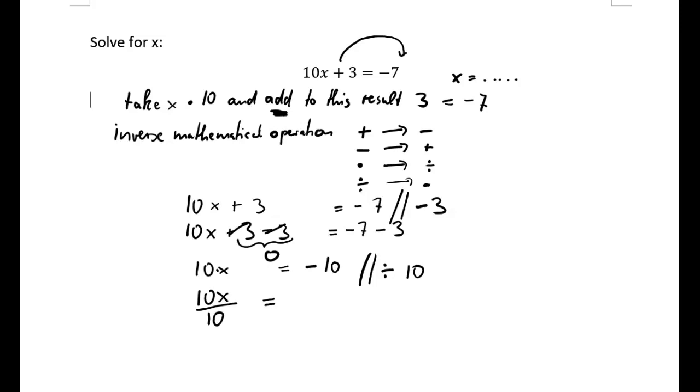And again, we need to do to the right-hand side what we have done to the left-hand side. So we have -10 also divided by 10. And we see that 10 cancels out. We've got 1x, and we don't really need to write the 1. So we've got x equals -10 over 10, and that would be -1. So that would be our result.